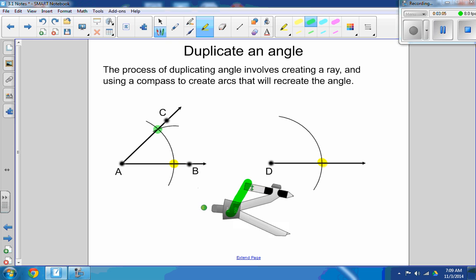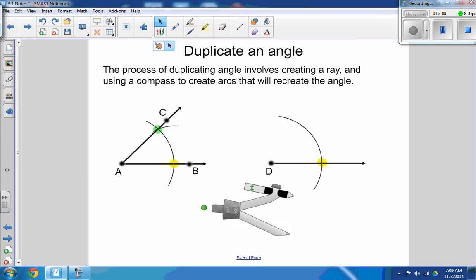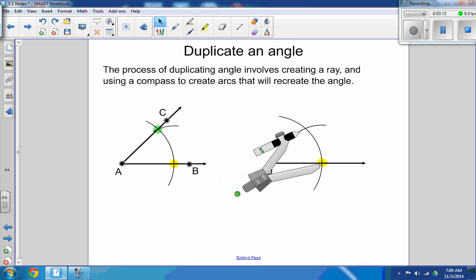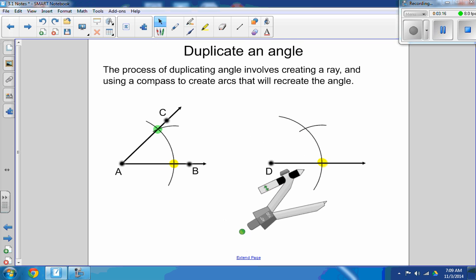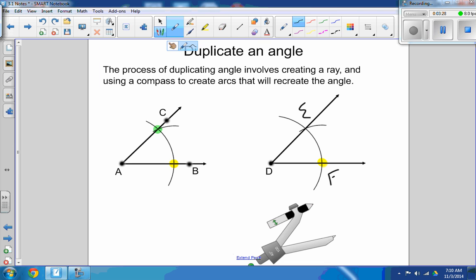And now I'm going to recreate that over here. And then I can connect this. And I've created my two angles. So angle CAB is congruent to angle EDF.